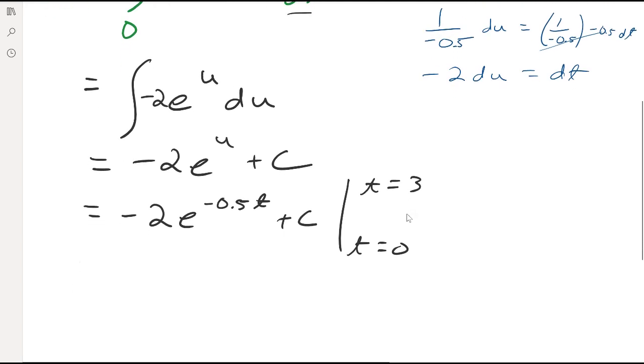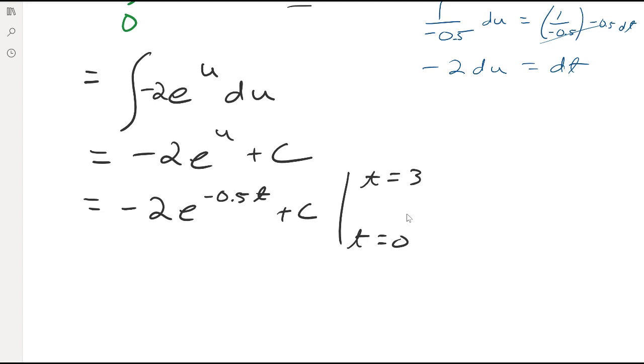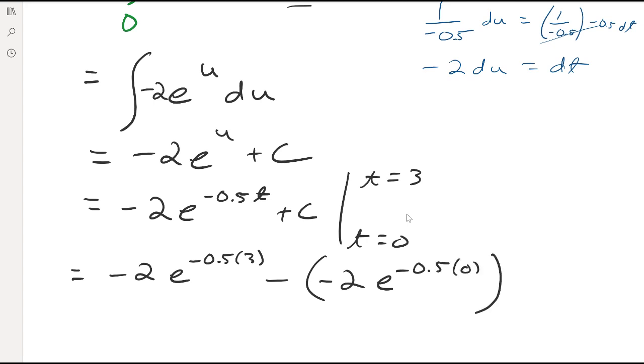Now we're going to plug in 3 for t first. So that gives us negative 2 e to the negative 0.5 times 3, minus negative 2 times e to the negative 0.5 times 0.